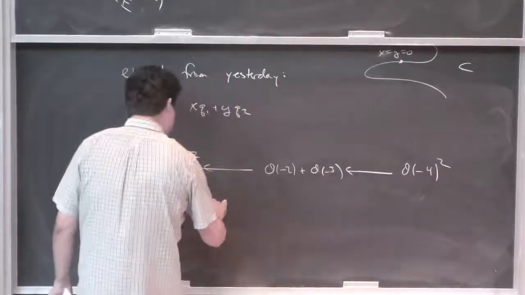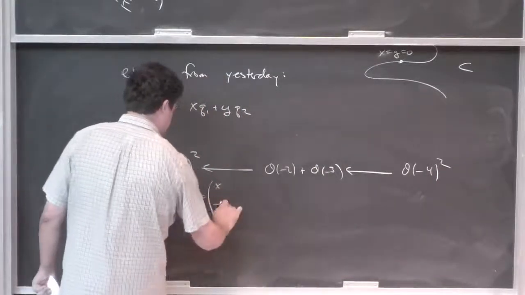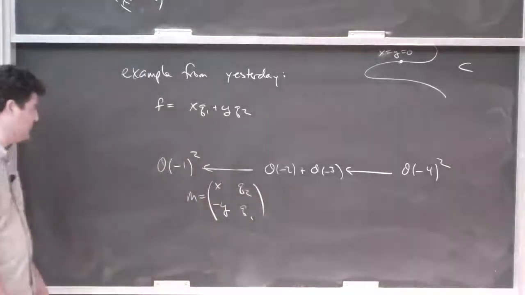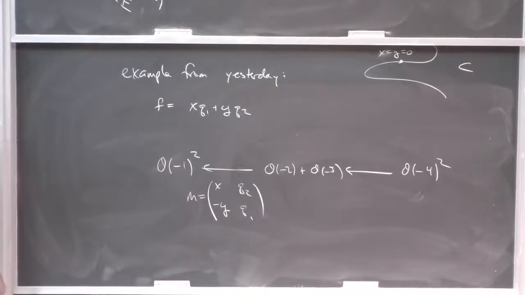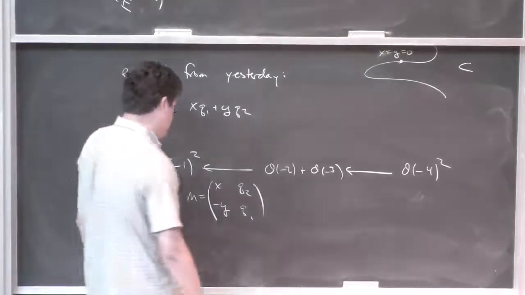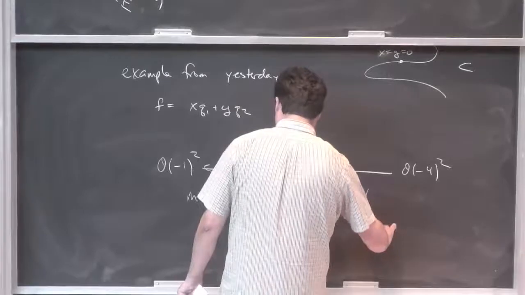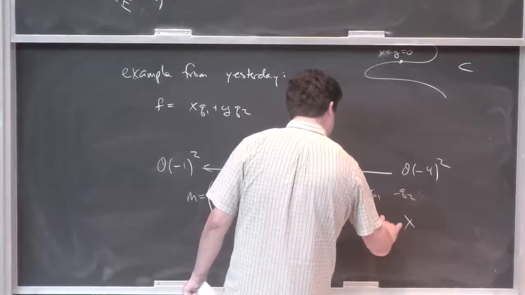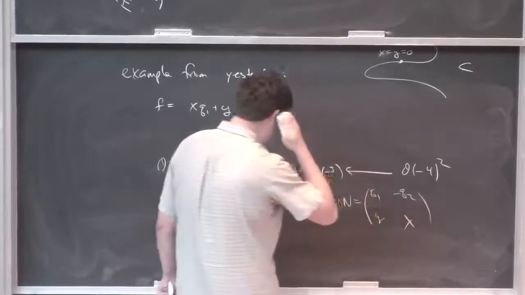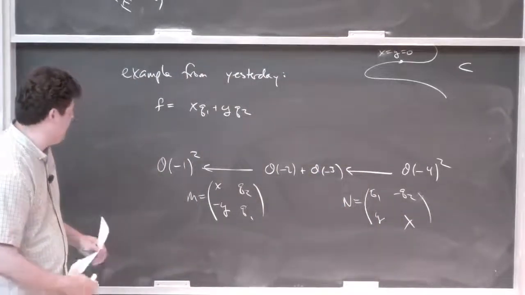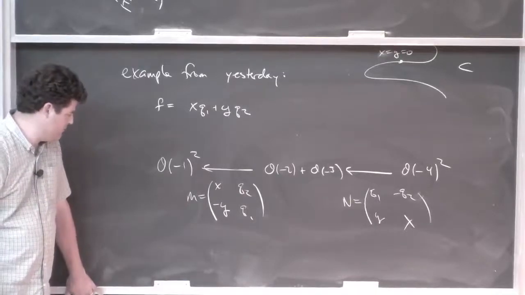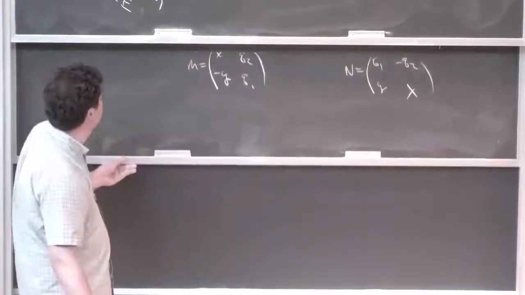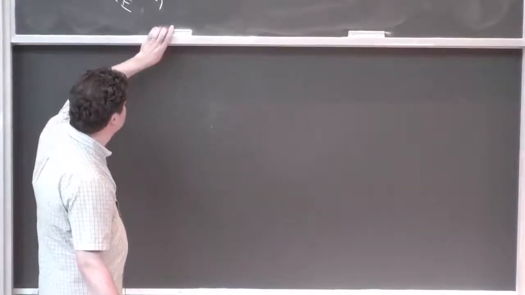Here we had M, which was x, -y, q2, q1. The determinant of that is f. And n was q1 x, -q2 y. Switch those.